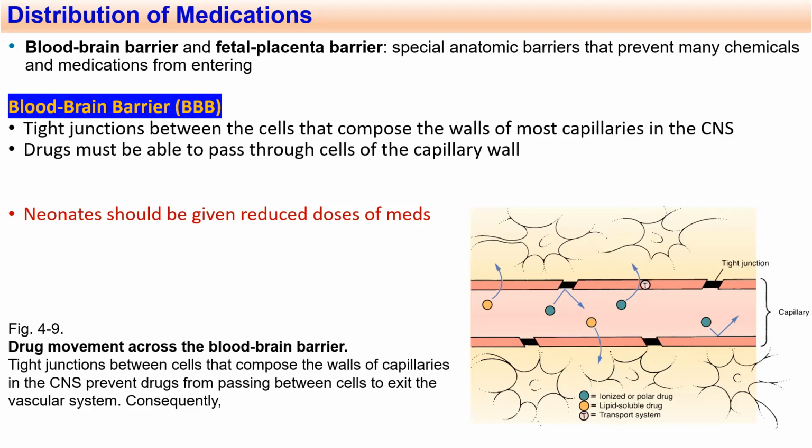So the tight junctions between cells that compose the walls of capillaries and the central nervous system prevent drugs from passing between cells to exit the vascular system. So consequently, in order to reach sites of action within the brain, a drug must pass directly through cells of the capillary wall, and to do this, the drug must be lipid soluble or be able to use an existing transport system.